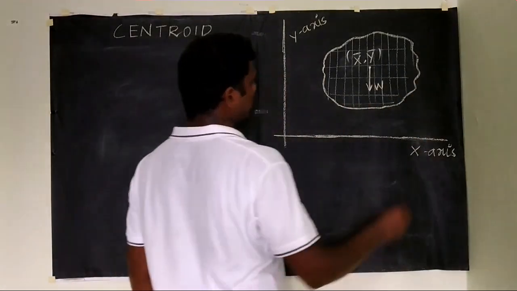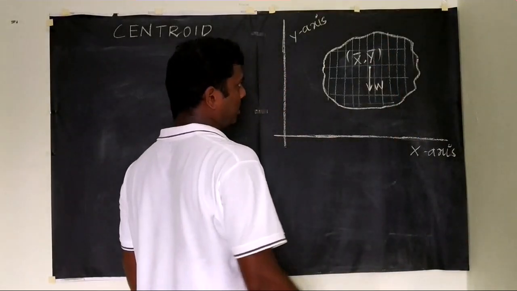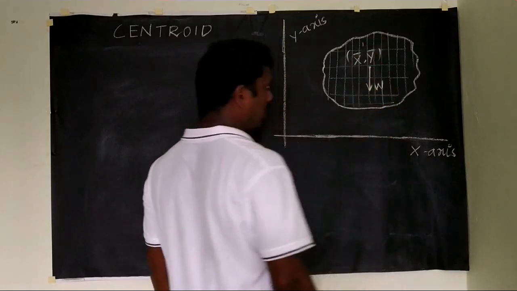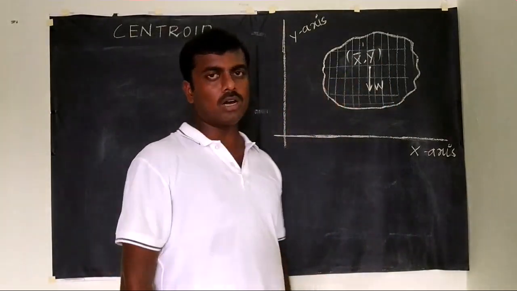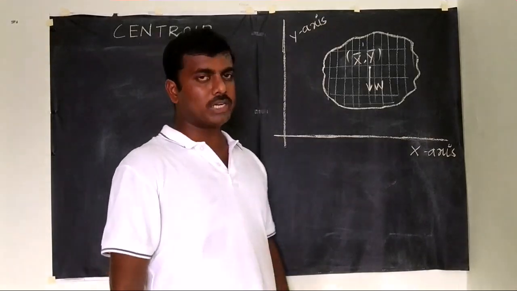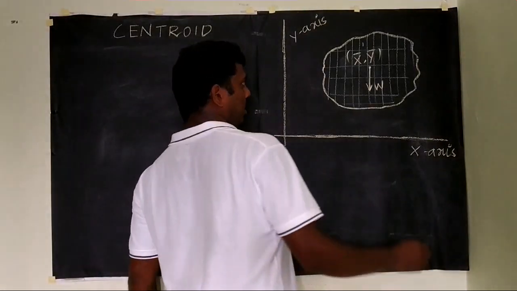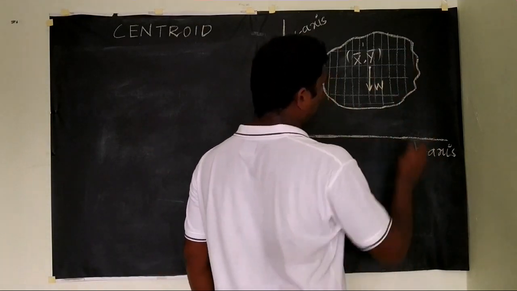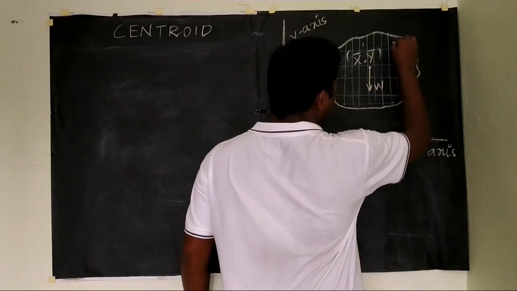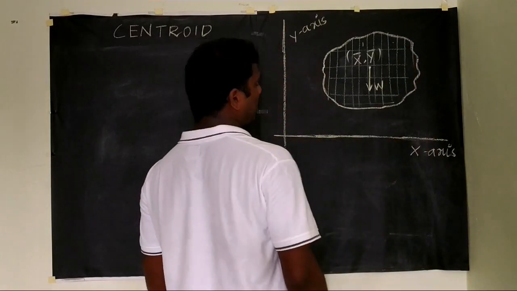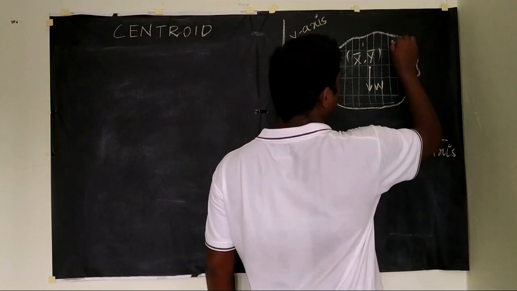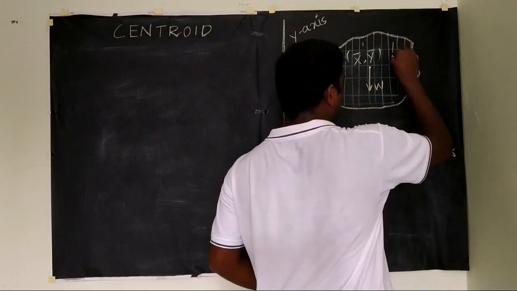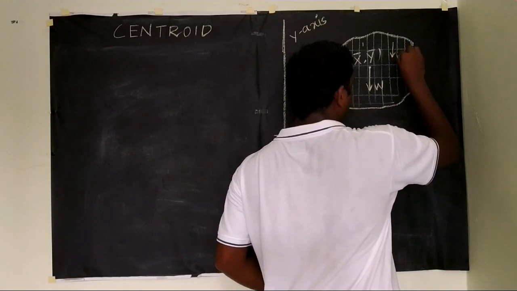Let me take this as my first elementary part, denoted by 1. Then this is the second elementary part. Like that, this lamina contains a number of elementary parts. Let me take one elementary part. Here this is the center point of this elementary part, on which the self weight of this elementary part is going to act. That is denoted by W1.